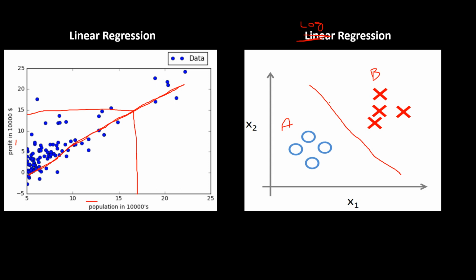Finally, when the model is trained, this classifier is learned. Given any new data, if it falls on this side, we can say that it belongs to class A, or if it falls on this side, we can say it belongs to class B. So that's the difference that you should keep in mind, from an understanding point of view.